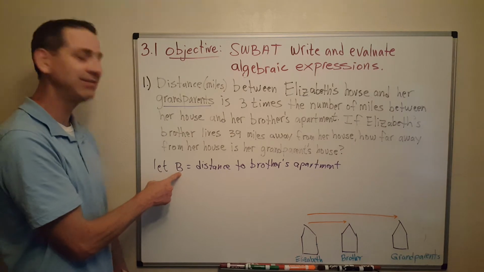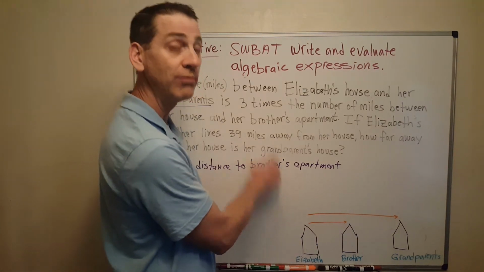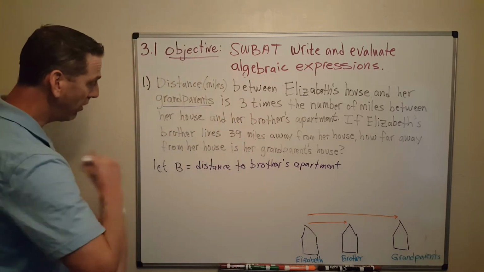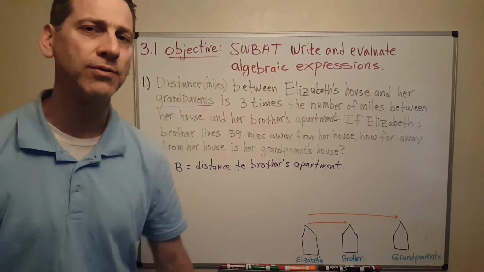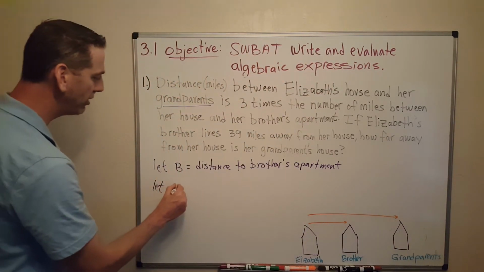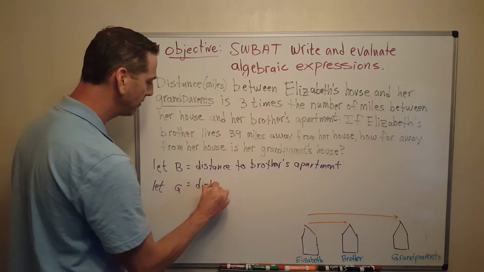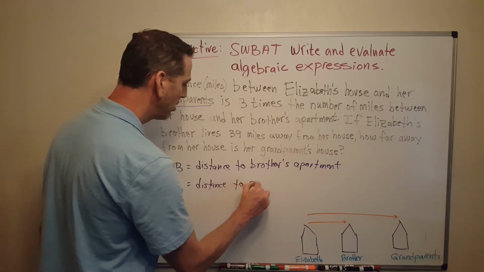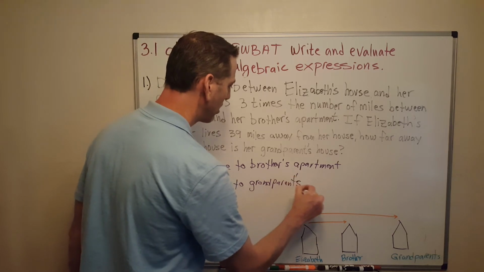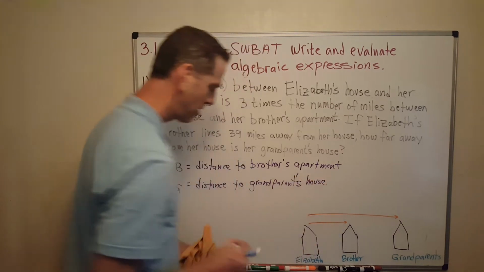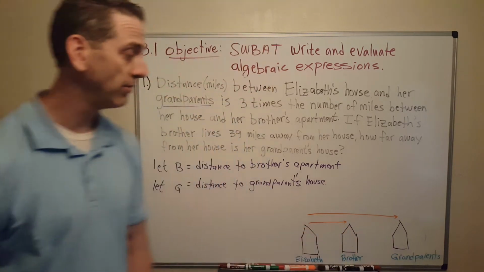So I know that every time I see a B, that means that's the distance to her brother's apartment from her house. Now I got to figure out what variable I'm going to use for grandma's house, for grandparents' house. Well, I'm going to go ahead and use G. G equals distance to grandparents' house, specifically the distance from her house to the grandparents' house.